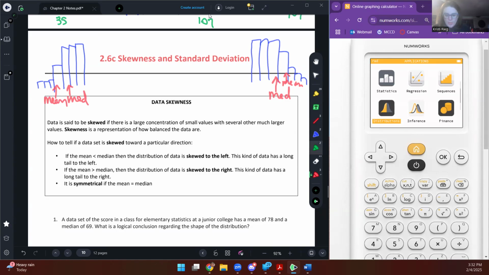So when the mean is on the left, we say this one is skewed left. And when the mean is on the right, we say this one is skewed right. So really, you just need a number line. You need to know where the mean is, and once you know, you're able to tell if it is skewed left or right.